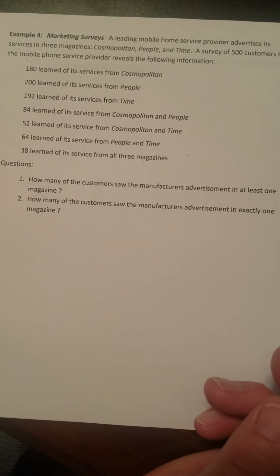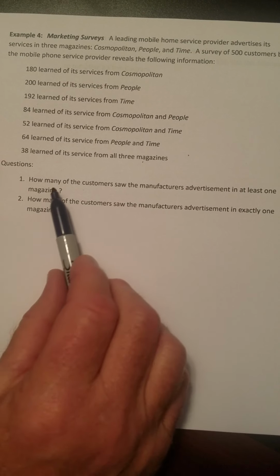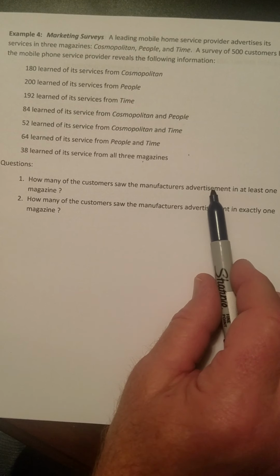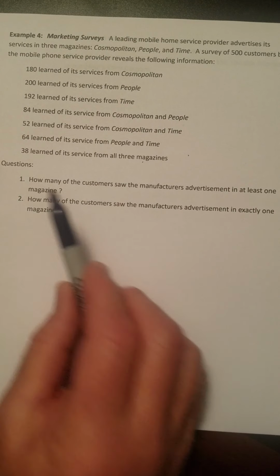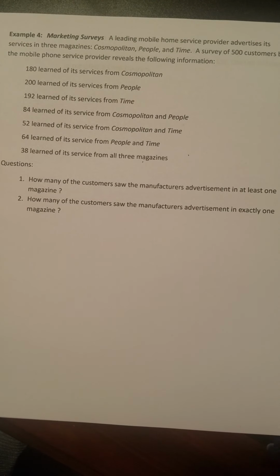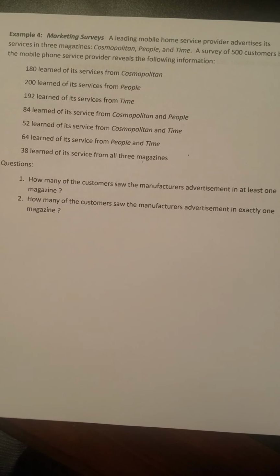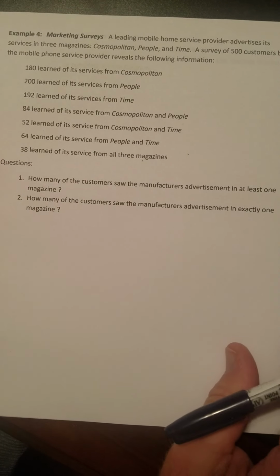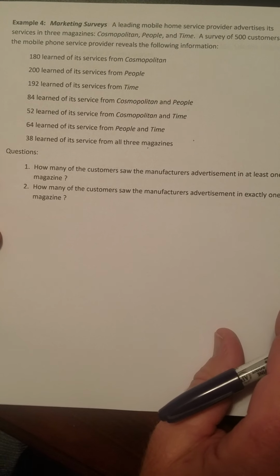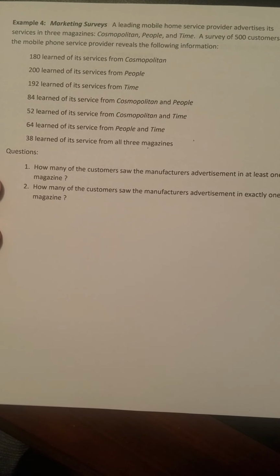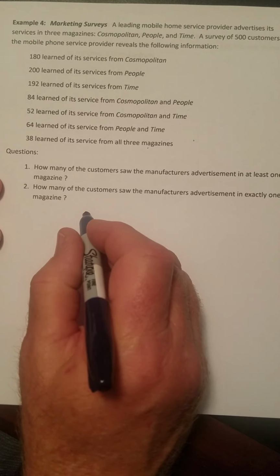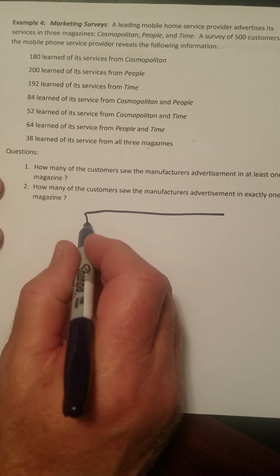So we got 2 questions to answer. How many of the customers saw the advertisement in at least one of the magazines? Can you tell by the numbers? No, I couldn't even do that. How many of the customers saw the advertising in exactly one of the magazines? Okay, so you've got all those wonderful numbers, but the problem is you can't tell what's what. So that's where the Venn diagram comes in.